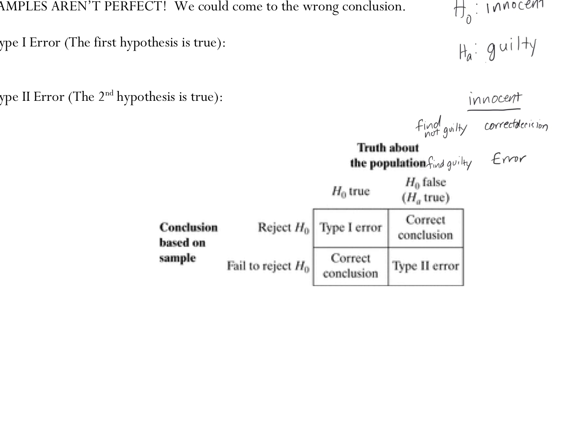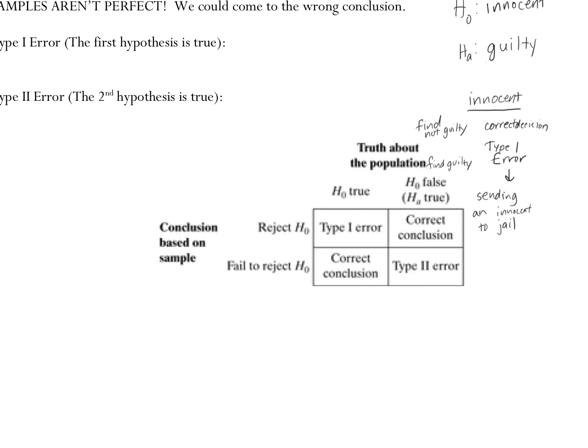And the overall consequence to that error would be sending an innocent to jail. And both of those are if that null hypothesis is true. Okay? So one type of error a test can make is if the null hypothesis is true, rejecting the null, and we call that one a type 1 error.